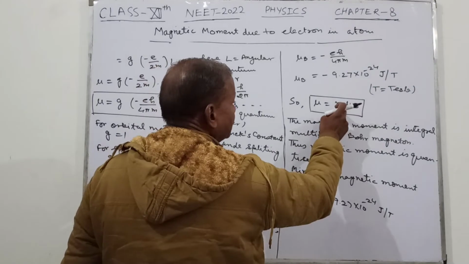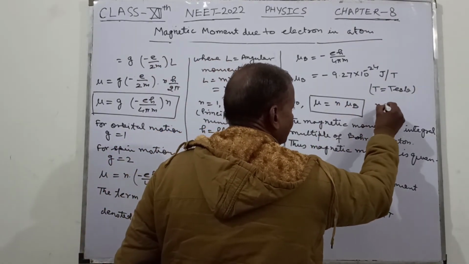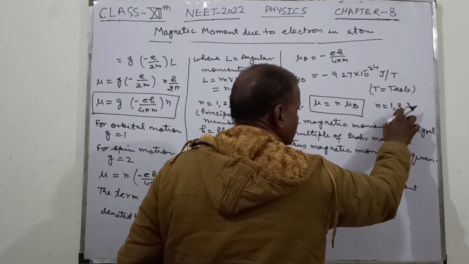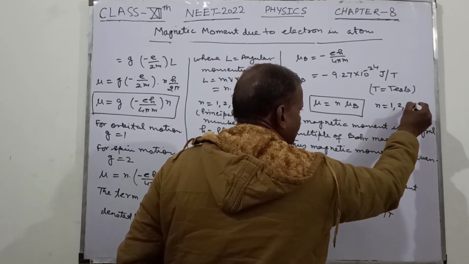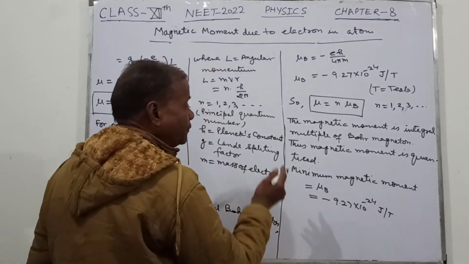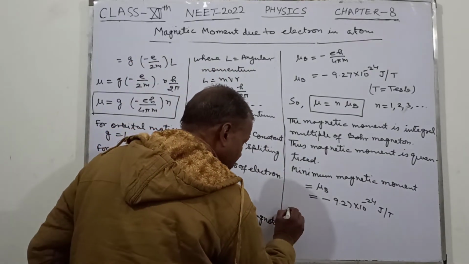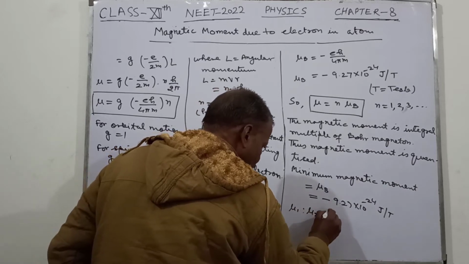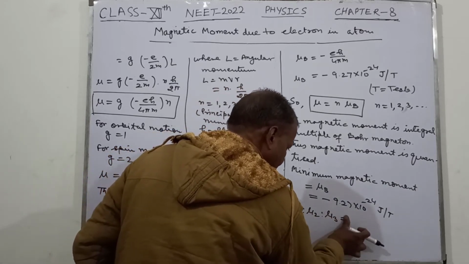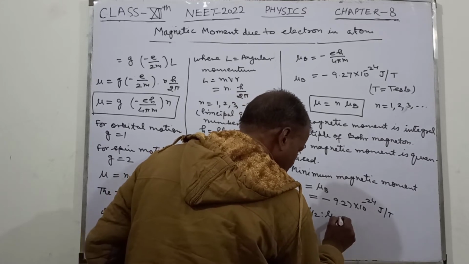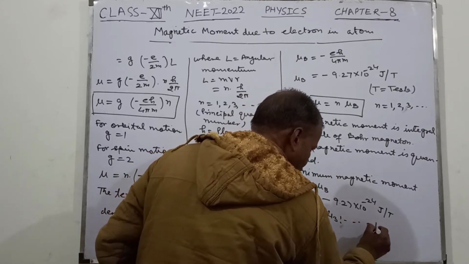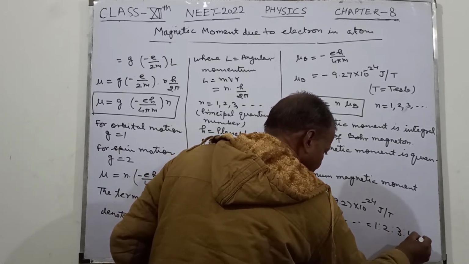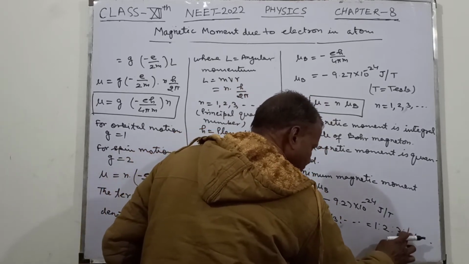So now n equal to 1, 2, 3, etc. If we take the ratio μ1 : μ2 : μ3 and so on, this is equal to 1 : 2 : 3 : 4 and so on.